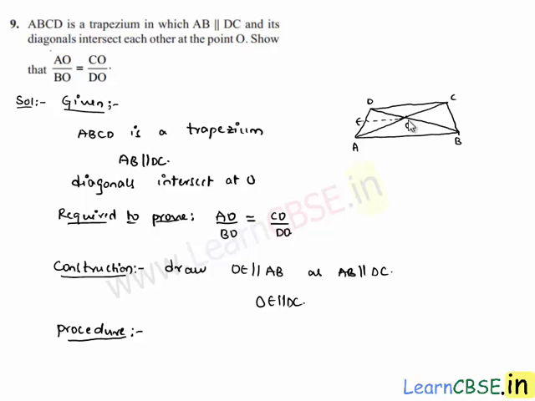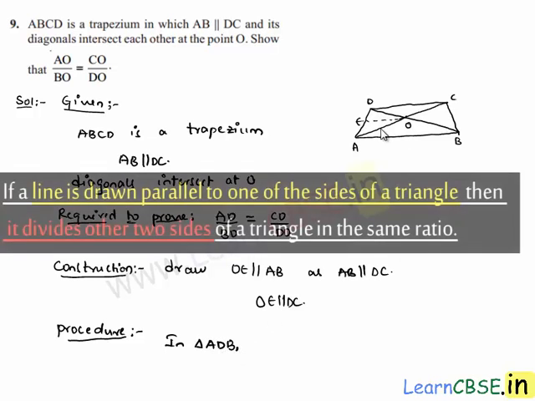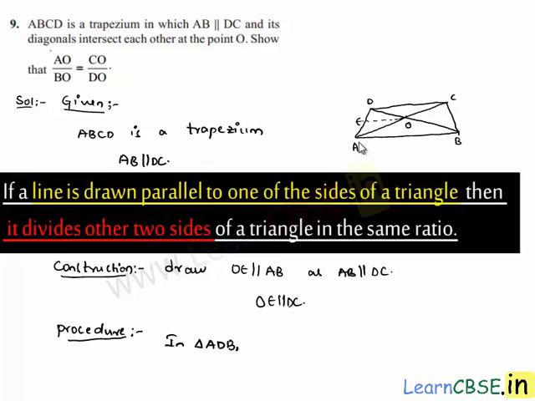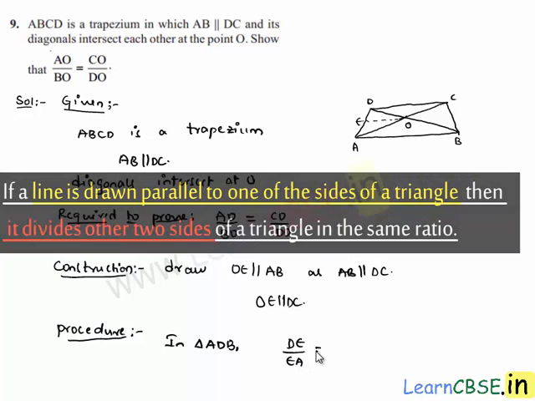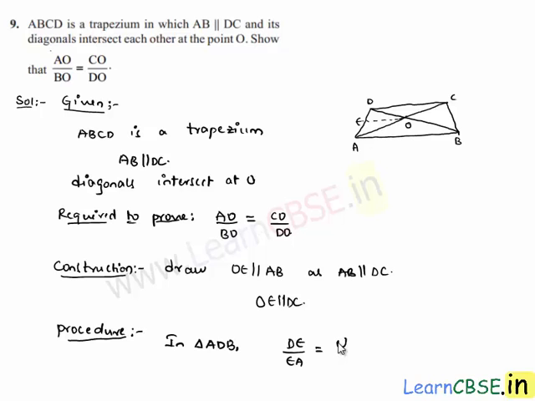If we consider the triangle ADB, as OE is parallel to AB, and by applying the basic proportionality theorem, here we can say that DE by EA is equal to OD by OB.